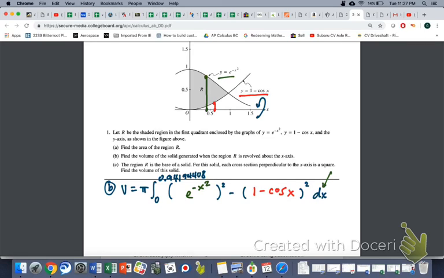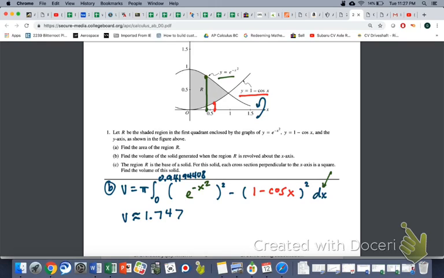We would want to turn to the calculator to figure out what this actually is. When I ran it through the calculator, I got volume equals approximately 1.747, if you round to the nearest thousandths place.